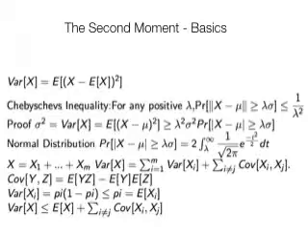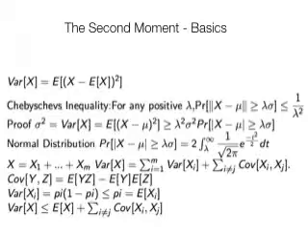Chebyshev's inequality is best possible when no additional restrictions are placed on X, as X may be mu plus lambda times sigma and mu minus lambda times sigma, each with probability 1 over 2 lambda squared, and otherwise mu.